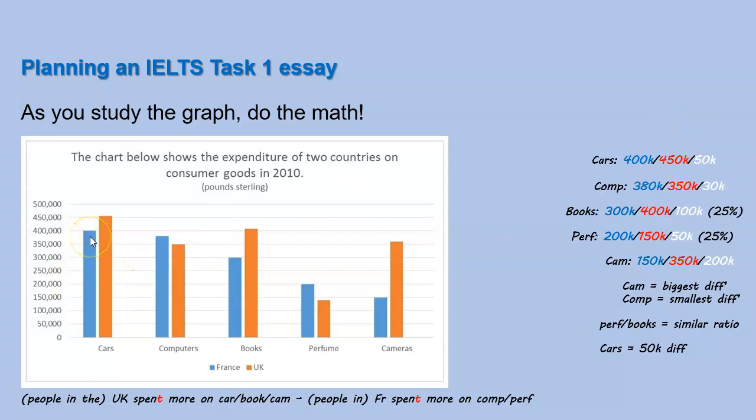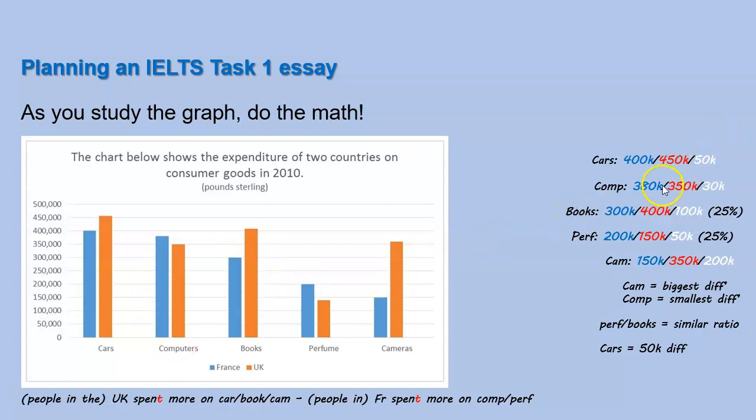So here we go. Instead of just writing down in your essay, consumers in France spent £400,000 on cars in 2010, just put a note here. French spent 400,000, British spent 450 on the same thing, and the difference in spending between the two is 50,000.